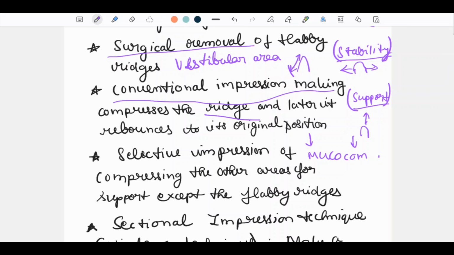When we make the denture and place it over there, it's going to rebound and dislodge the denture. So it's not a favorable procedure.